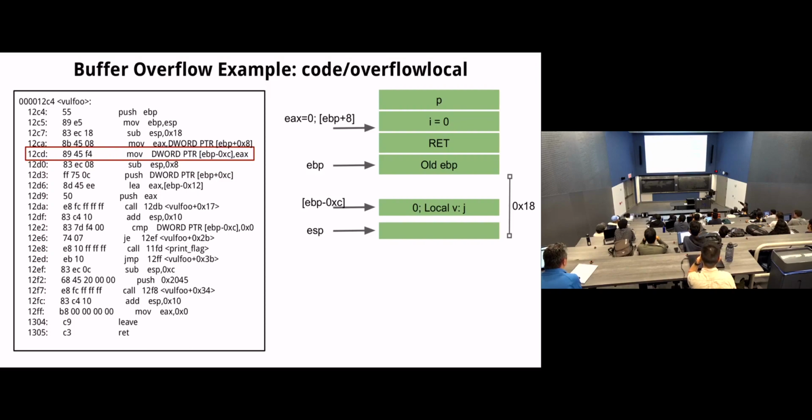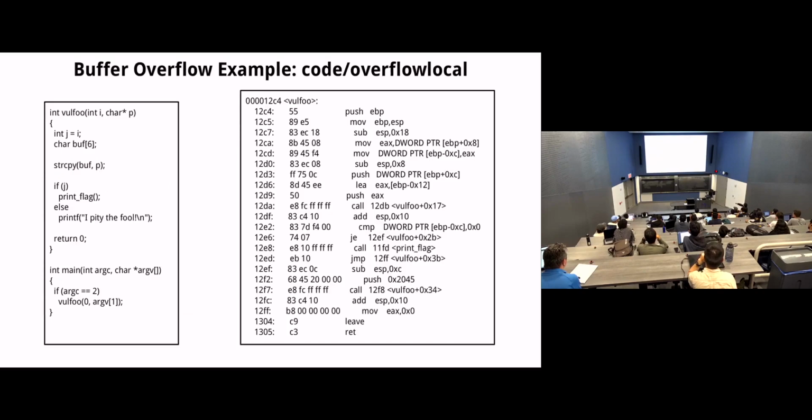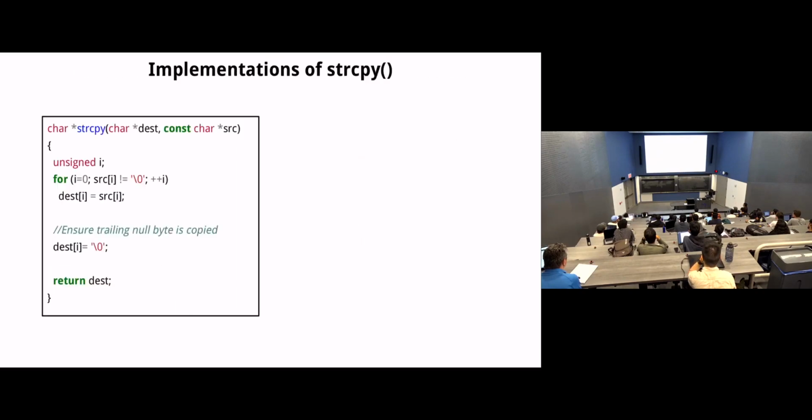Local variable J. So this instruction assigns the value of I to J. So after this, EAX will be 0, and the local variable J, which is at this address, will also be 0. Look at the C code here. This is this part. Assign I to J. Okay?